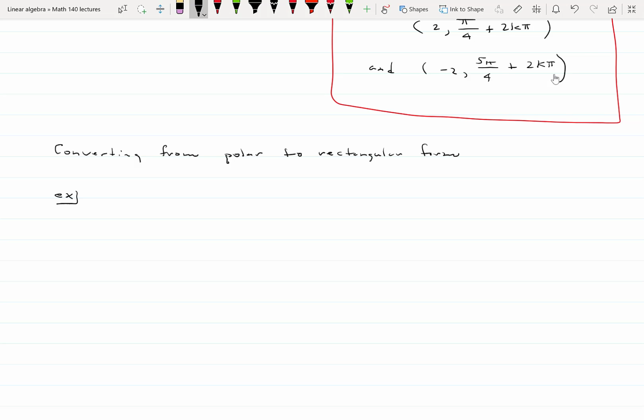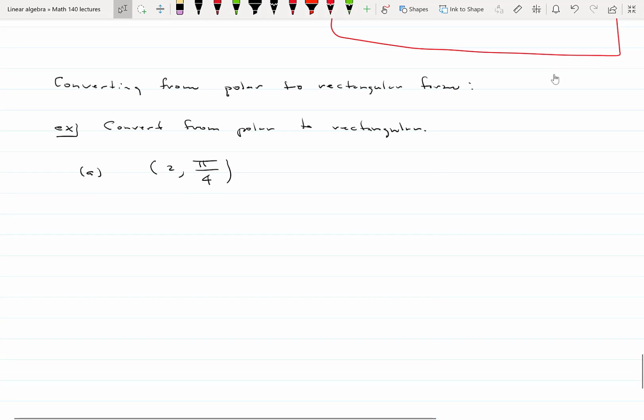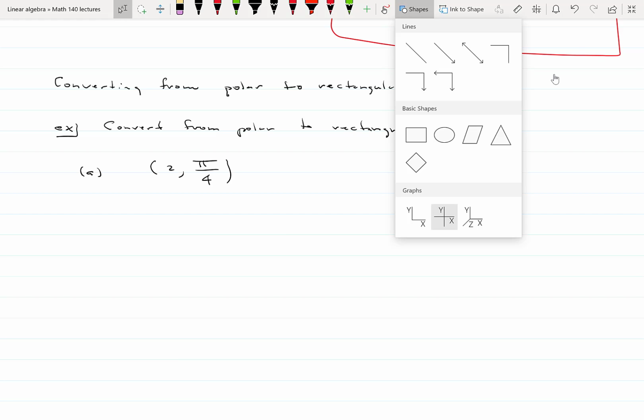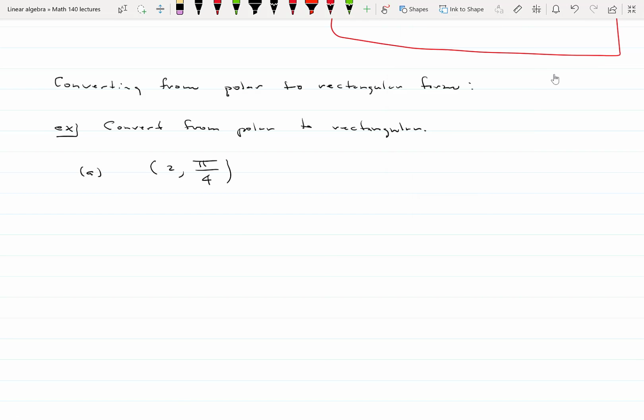Example: convert from polar to rectangular. Let's say 2 comma pi over 4, the first point we started out with. Okay, well, let's approach this more generally first. What are the relationships between x and y and r and theta?